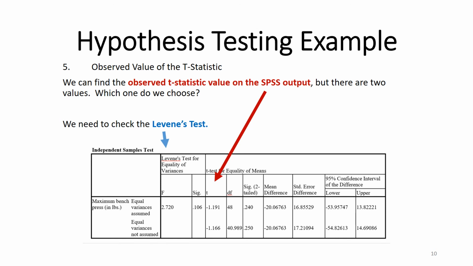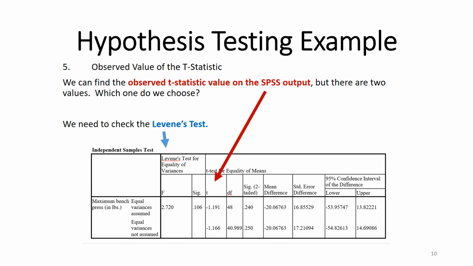You'll notice that the negative 1.191, the top t value, is in the row that says equal variances assumed. The bottom t value, the negative 1.166, falls in the row called equal variances not assumed. That is our key point, the thing we have to figure out.